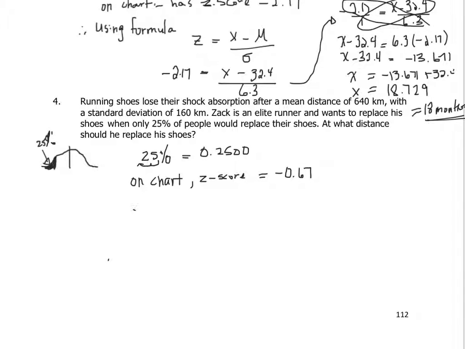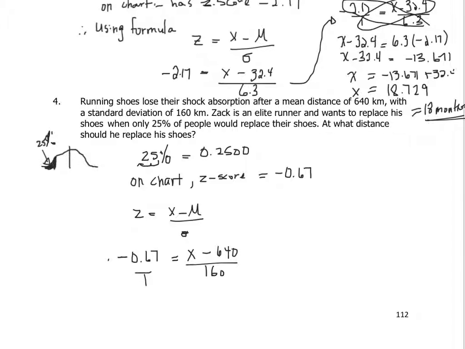So then when we use our formula, z-score equals data value minus the mean over the standard deviation. In this case, we're looking for what data value goes with the z-score of negative 0.67. We don't know what the data value is, but we do know that the mean is 640 and the standard deviation is 160.